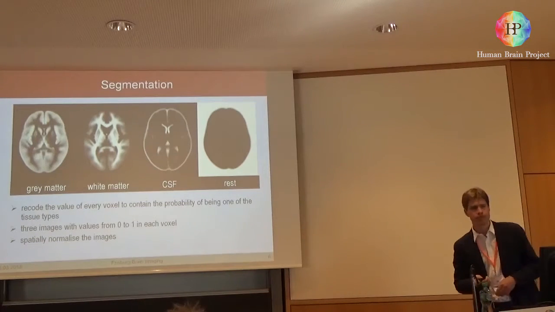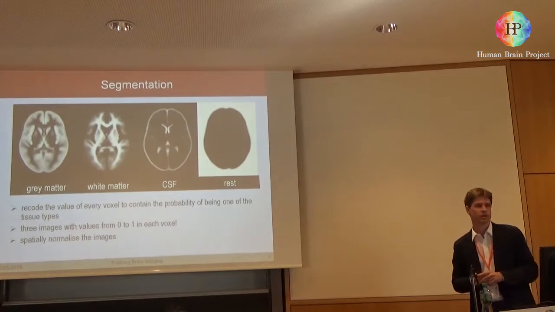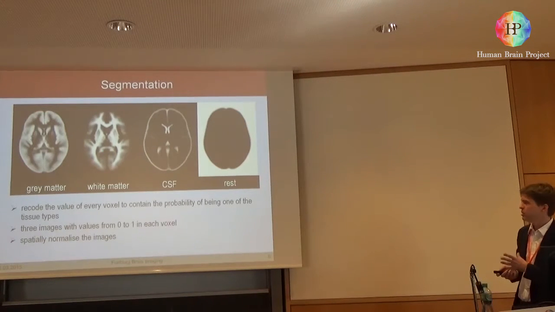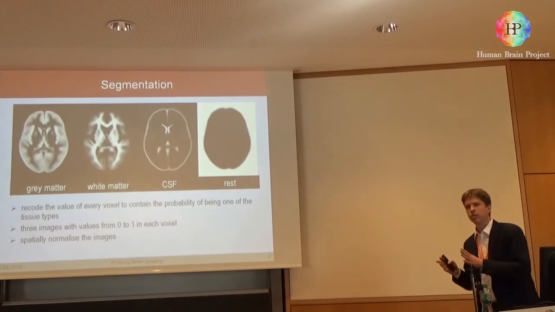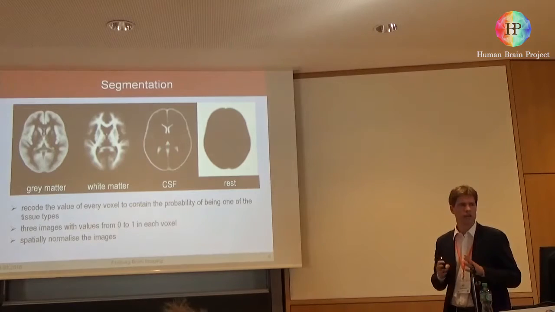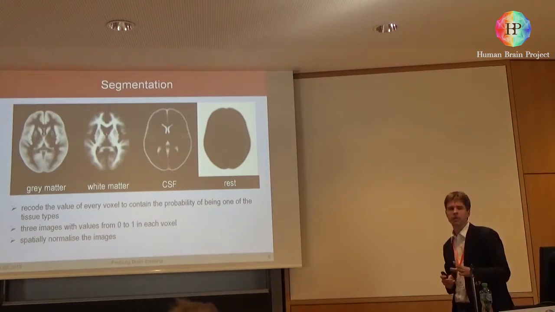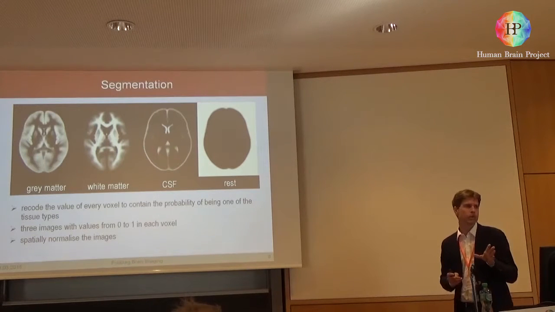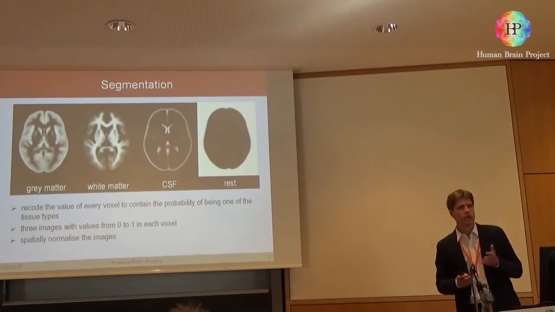The experts among you will know there are slightly more sophisticated versions now, but this is basically the idea. And if you then at the same time perform a transform into standard MNI space, for example, you are able to directly compare voxel by voxel the various scans you have in your cohort.